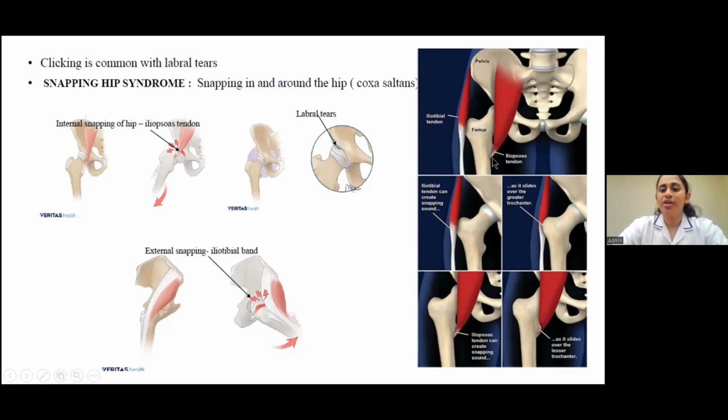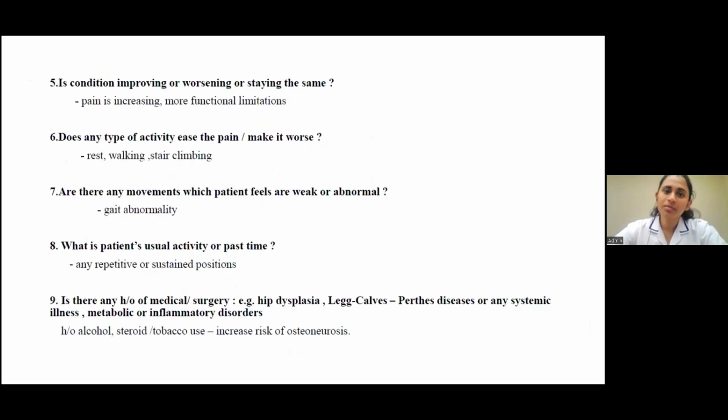And whenever there is a complete flexion and complete extension at the hip, there is going to be snapping, and it causes rubbing of the IT tendon or the iliotibial tendon over the greater trochanter.